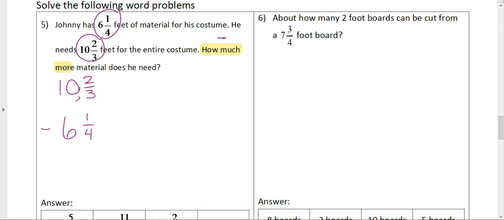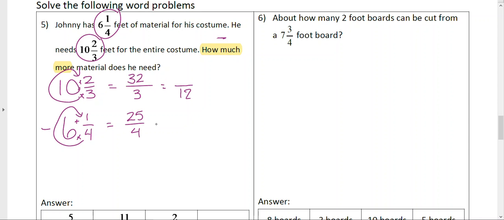And I'm going to turn them improper. Anytime I see a mixed number, I'm automatically going to turn it improper. Multiply at the bottom, add at the top. So 3 times 10 is 30, plus 2 more gives me 32 over 3. 6 times 4 is 24, plus 1 more gives me 25 over 4. Now I need to find a common denominator. My common denominator can be 12.